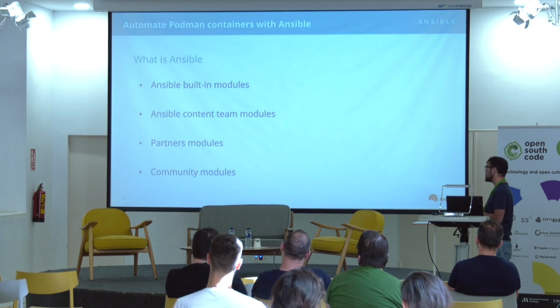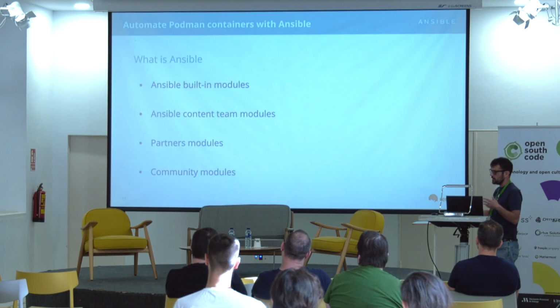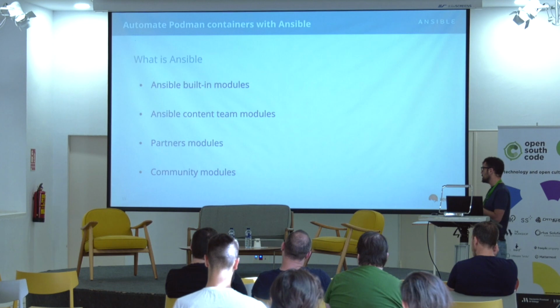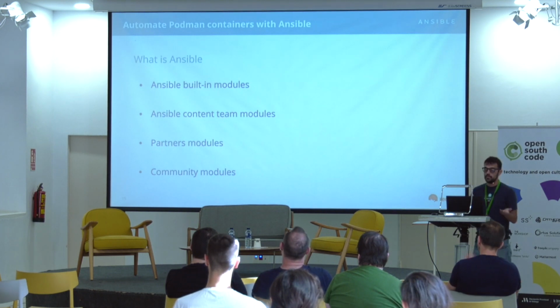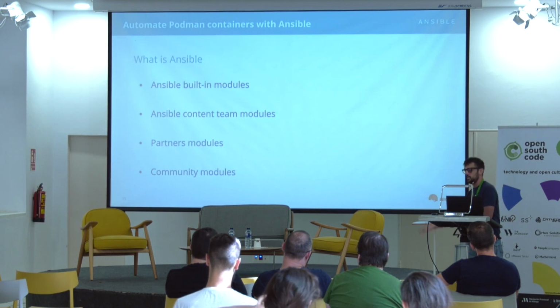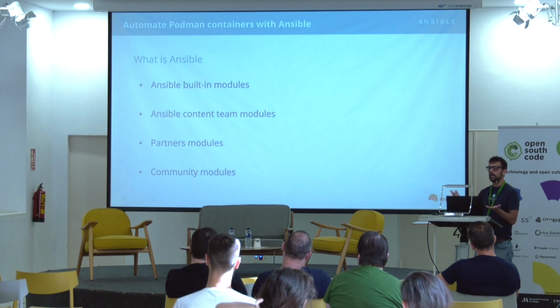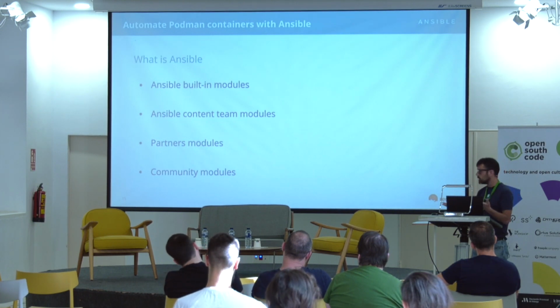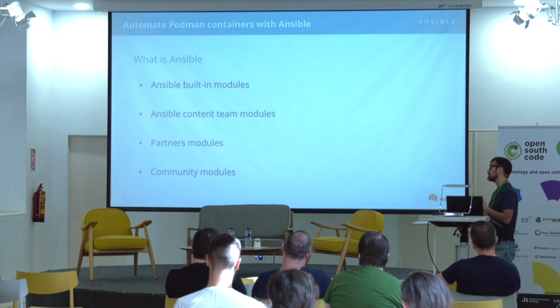As part of the modules, there are built-in modules which are part of Ansible core. The bare bones modules for doing the most basic things. Then there are the Ansible content team modules. In my organization, there's a specific content team for networking and cloud where they develop, maintain, and support modules for things like AWS, for managing Cisco, Juniper, that kind of thing.